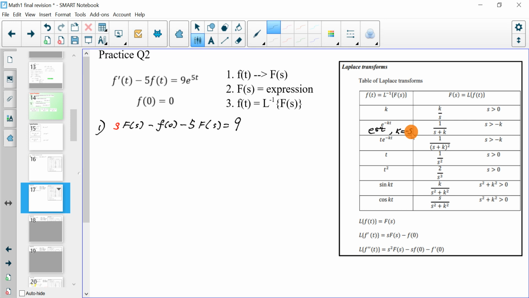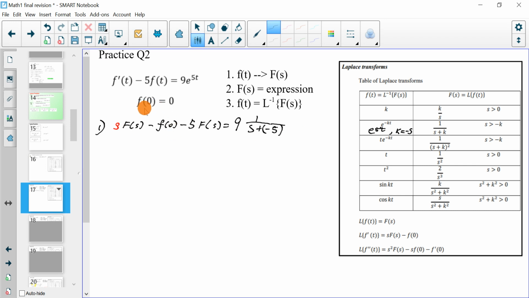So if that's my lookup table, I want to write down the Laplace transform of that expression: 1 over s plus k, but now that our k is minus 5, that's just going to be 1 over s plus minus 5. In this step, the transform is done.